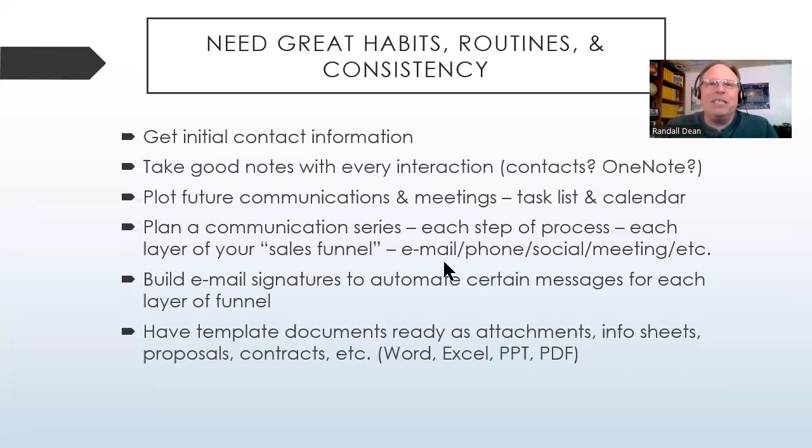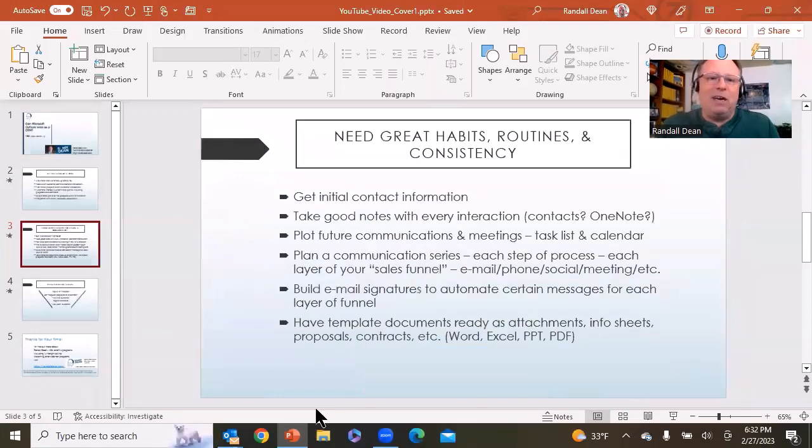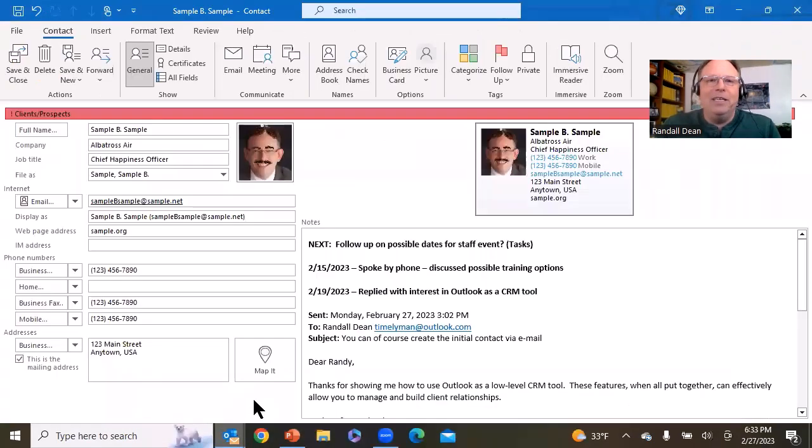Obviously, the first thing you want to do is get initial contact information, and of course Microsoft Outlook can do that. Let's look at my sample contact that I created, playing around with a little pen and marker here. This guy looks a little bit shady, like from 1914 or something.